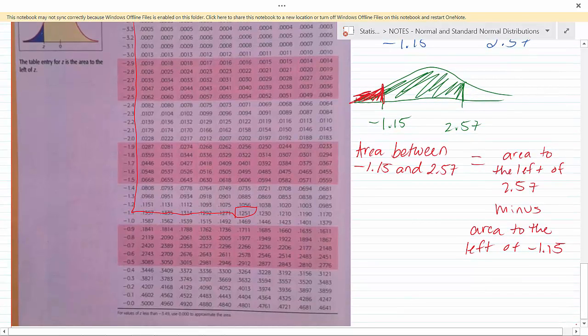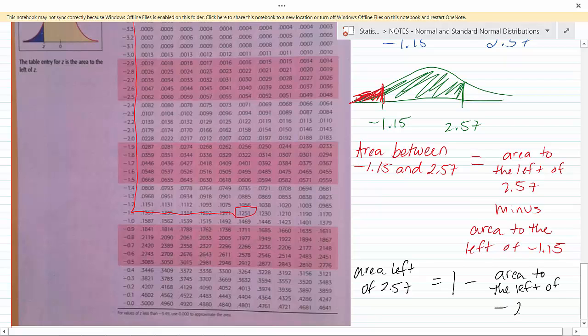What am I going to have to do to find the area to the left of 2.57? Well, this is like the last example. I'm going to have to do 1 minus the area to the left of negative 2.57. Negative 2.5, and then 0.00, 0.01, 0.02, 0.03, 0.04, 0.05, 0.06. Here's 0.07.